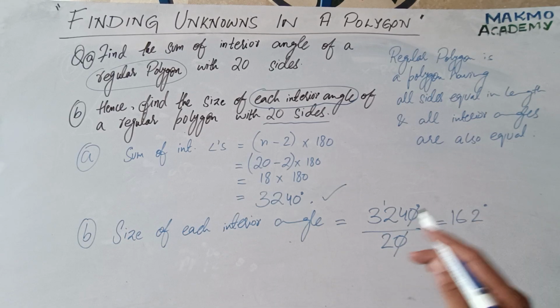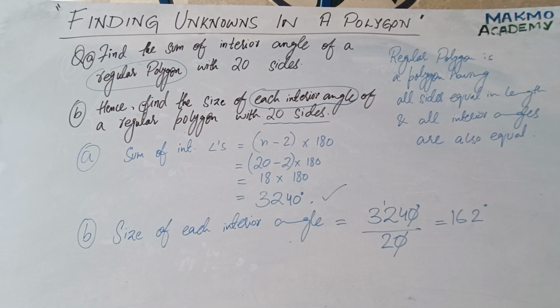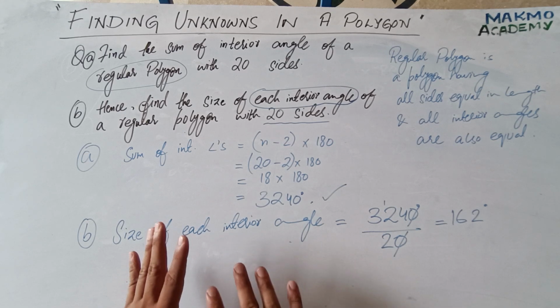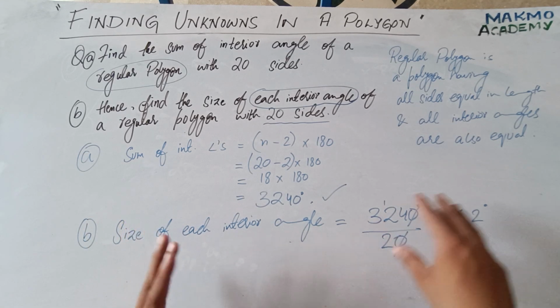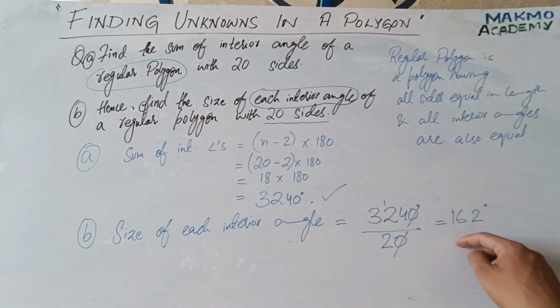So 162 is the size of each interior angle of a 20-sided polygon. So a polygon with 20 sides has all 20 interior angles equal to 162 degrees. This is the meaning of this question.